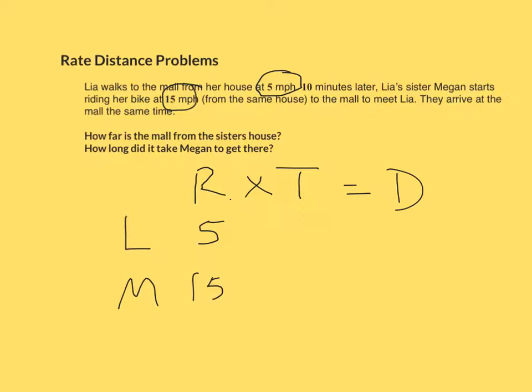We don't know the amount of time that Leah takes to get to the mall, so I'm going to use a variable, L for Leah. And we don't know the amount that Megan uses, but I know that she leaves 10 minutes after Leah.